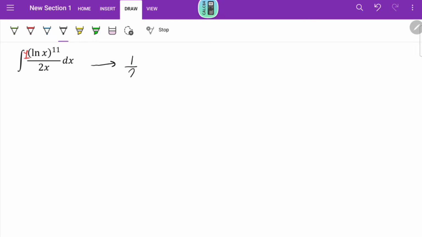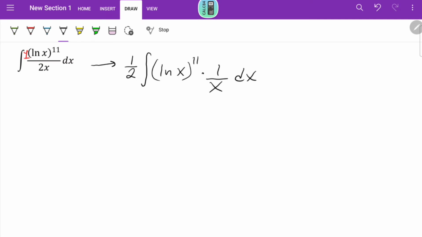So that's going to be 1/2 on the outside. The integral, I'm going to write my natural log of x to the 11th over here, and then that's just going to be 1 over x dx over here.